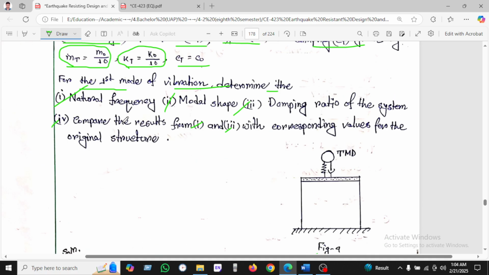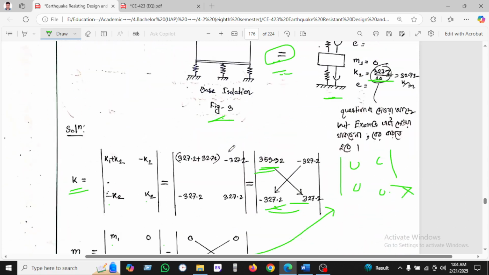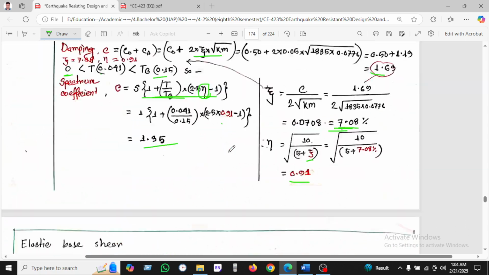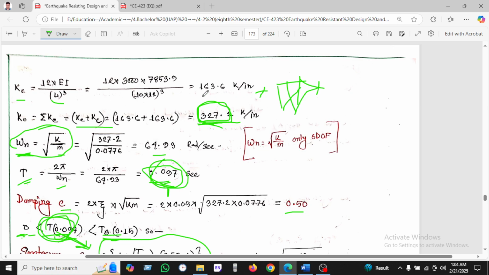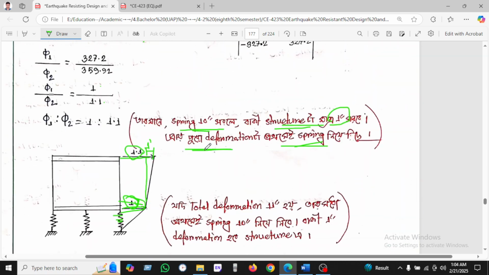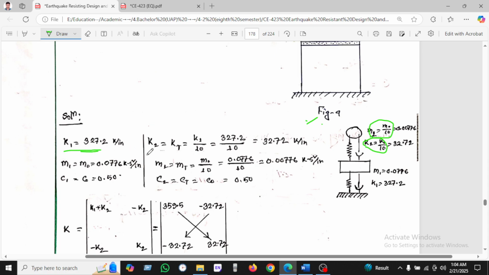K1 is given as 3 to 7, which we found in the previous calculation, so we are just taking this value for calculating purposes. M1 is given also, C1 is also given, and K2 equals K divided by 10, and M2 is also divided by 10, and C2, CT and C0 equal 0.5.